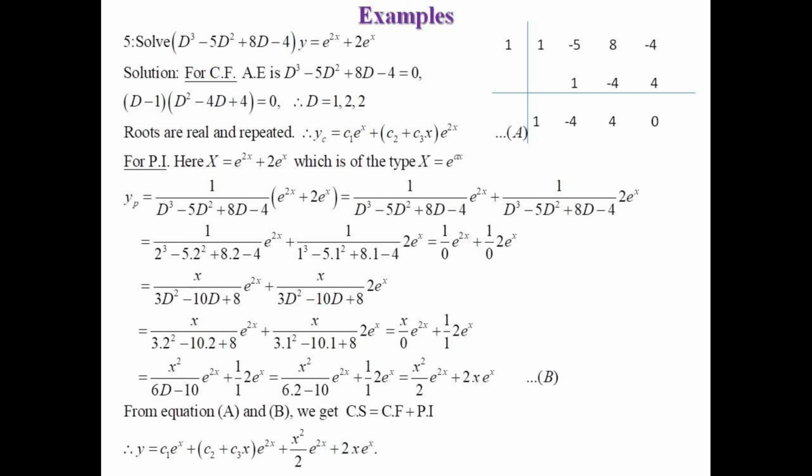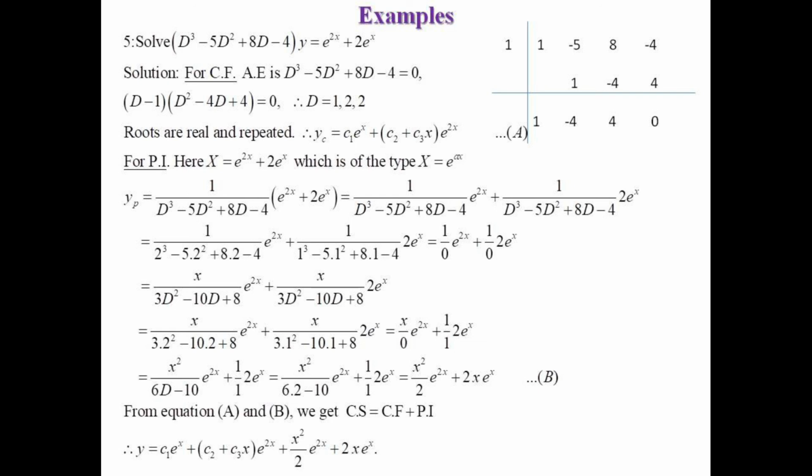Which is (D^3 minus 5D^2 plus 8D minus 4) into (e^(2x) plus 2 e^x). So the right hand side is the sum of two exponential functions. Let's split the right hand side into two terms.